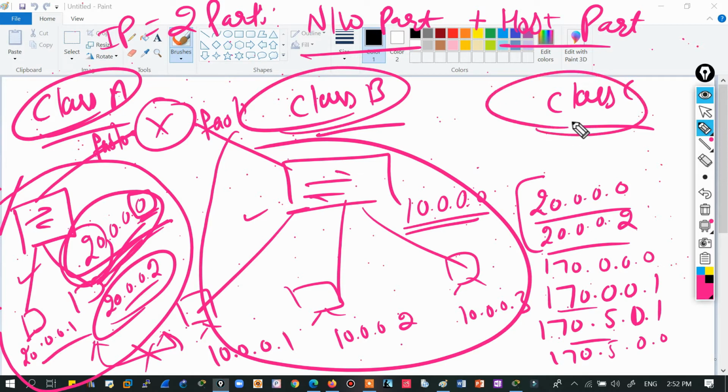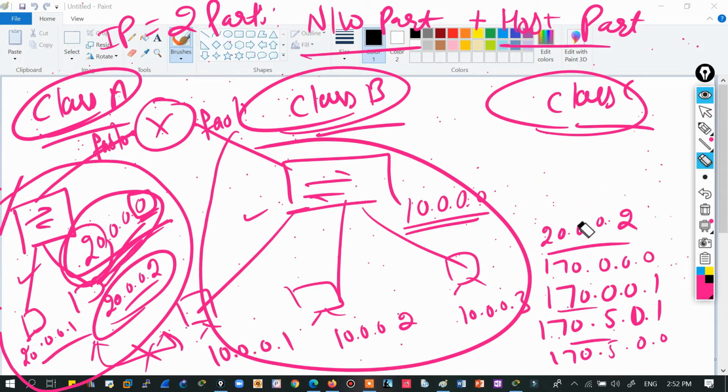And how to identify that? We need to know how many parts of this IP are reserved for network and how many for host. If it is clear to you, that's fantastic. Otherwise, slowly and steadily, all the concepts will be cleared.